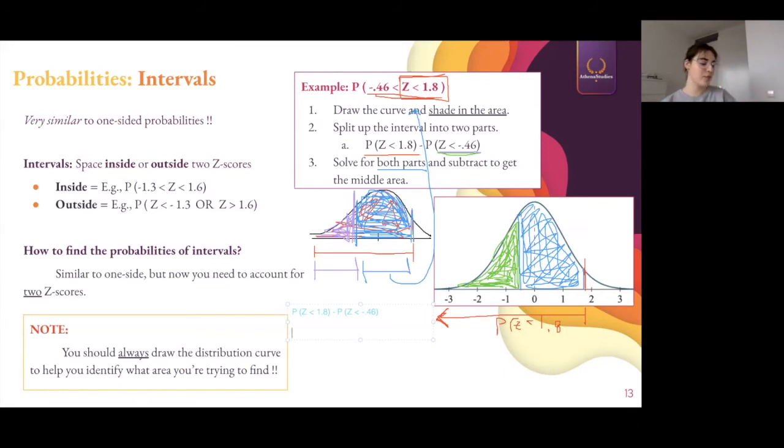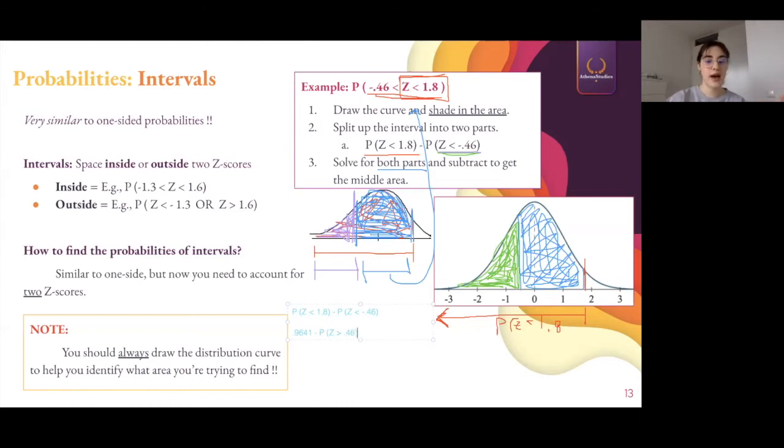In this case, the probability that z is less than 1.8, we can easily find in the z table, and that probability is 0.9641. Then we subtract from that the probability that z is less than negative 0.46. But remember, we cannot find a negative z score in the z table. So the probability that z is less than negative 0.46 is just like saying the probability that z is greater than positive 0.46.